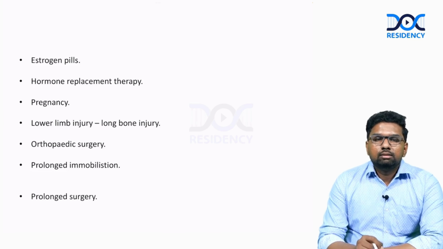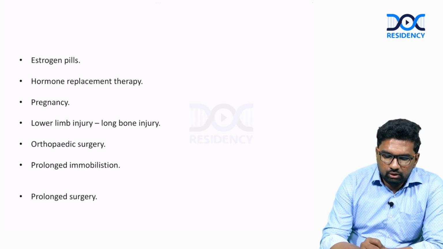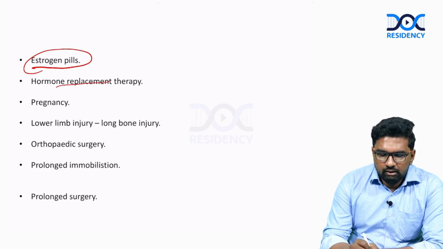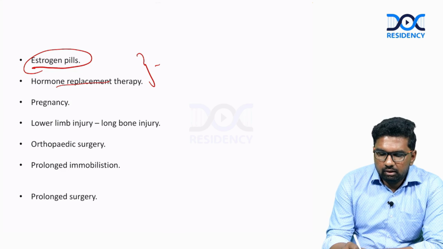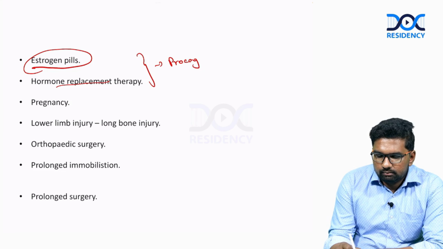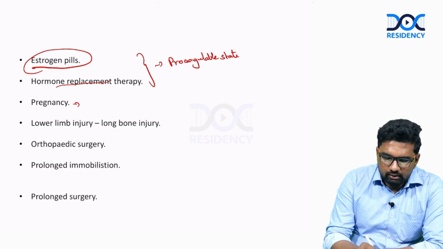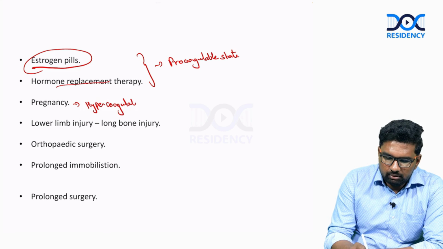And the other more common risk factors are use of estrogen pills and hormone replacement therapy. This can lead to a procoagulable state. Of course, pregnancy itself is a hypercoagulable state.